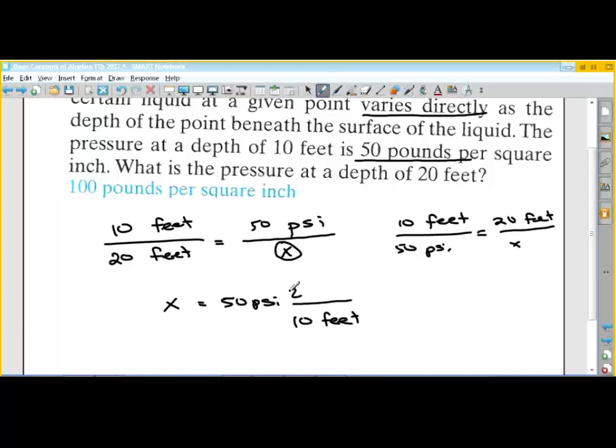And 20 is in the numerator, the denominator goes to the numerator. And so you do the math, you get 100 psi. The feet cancel out. And again, it makes sense because the greater depth you go, the higher the pressure is, the more the weight of the water above you is more.